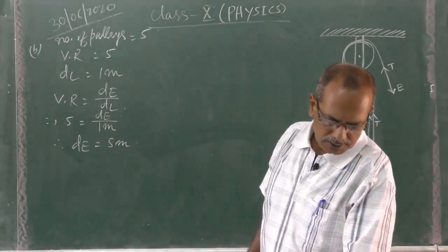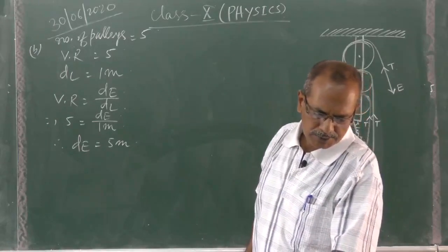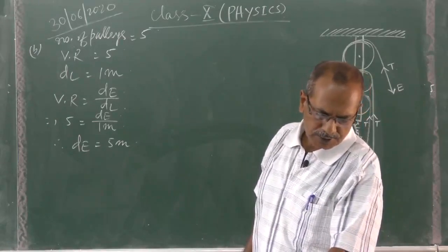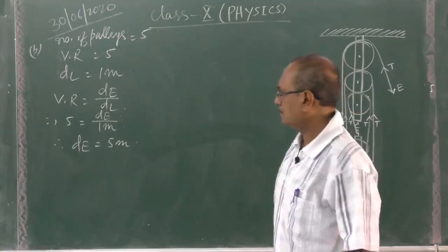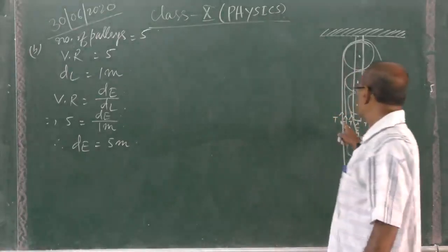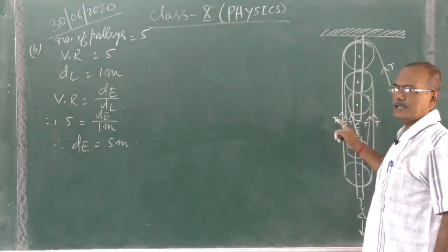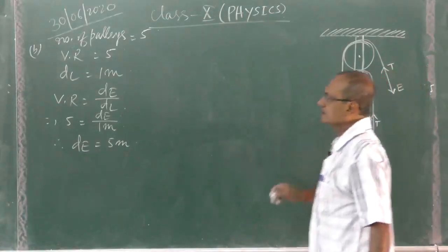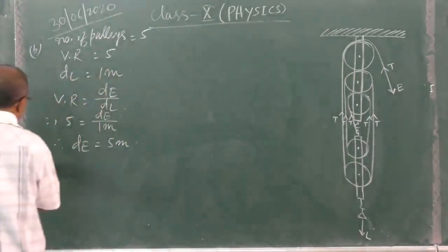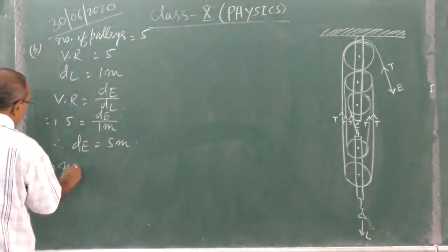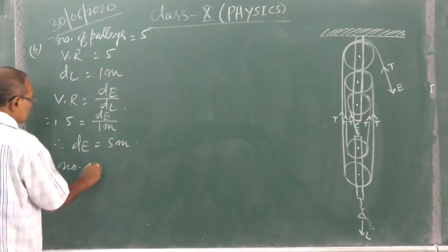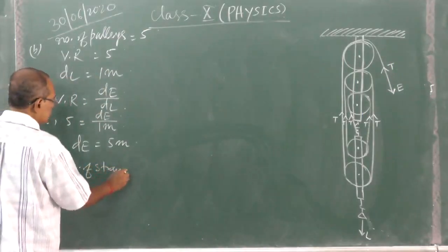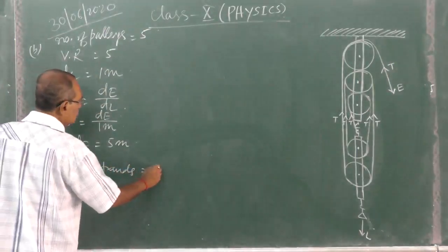Third part, state the number of strands of tackle supporting the load. Number of strands, 1, 2, 3, 4, 5. So directly C is 5, number of strands equal to 5.